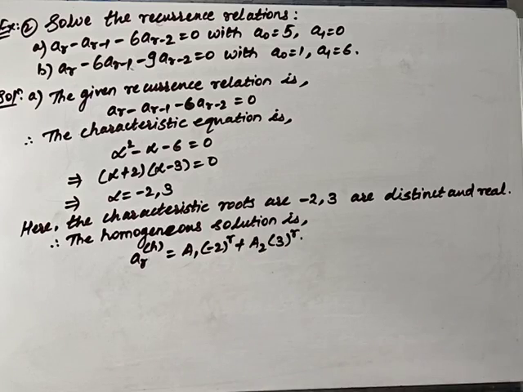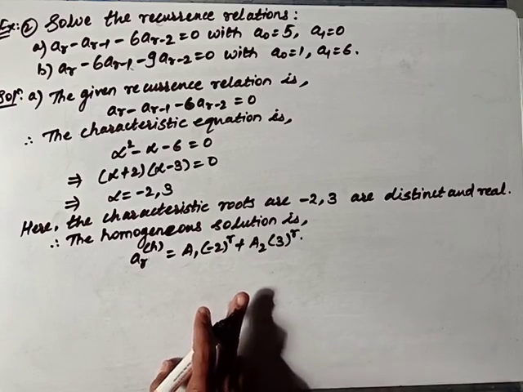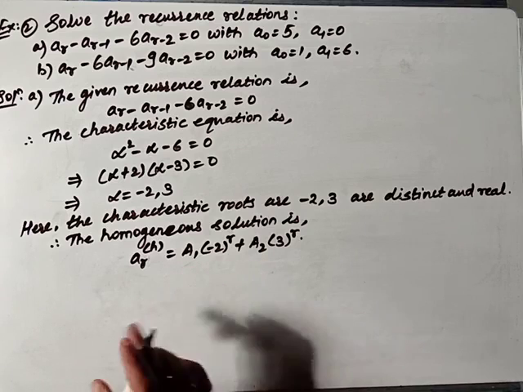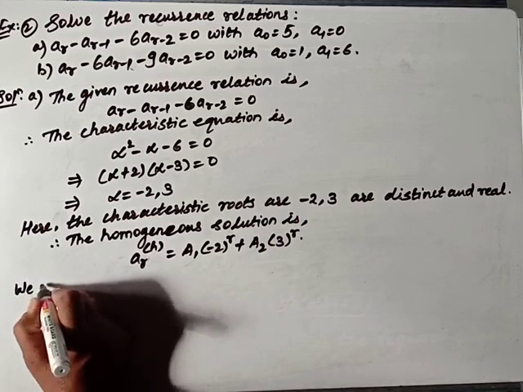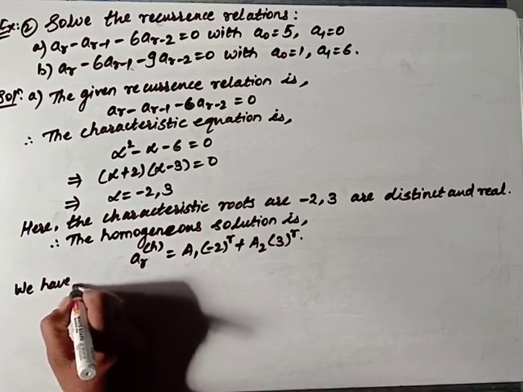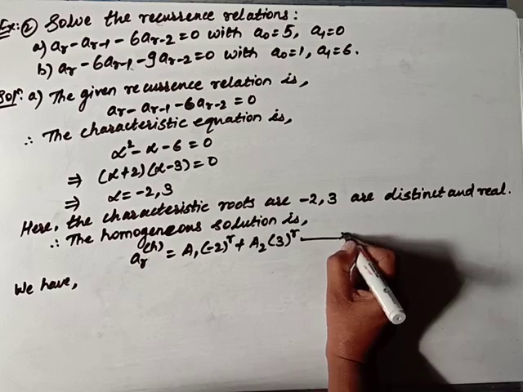Now once we get this homogeneous solution, we simply have to use the initial conditions to find the values of A_1 and A_2. Let me call it star.